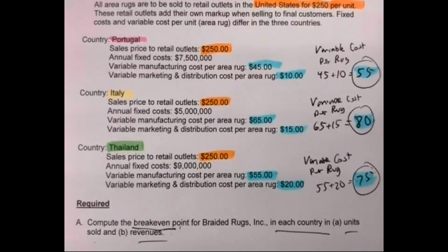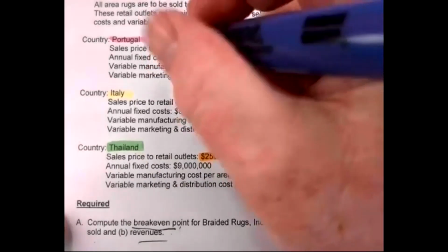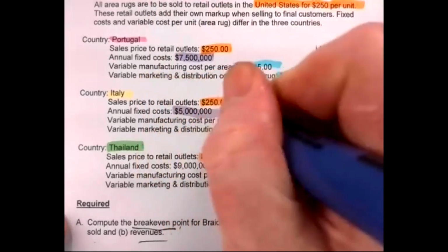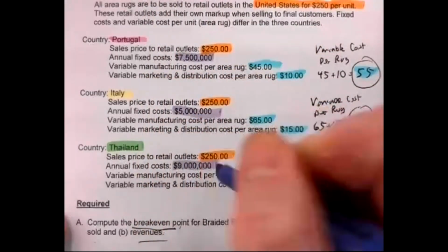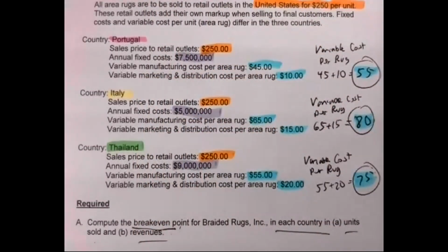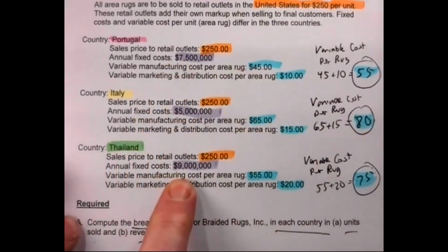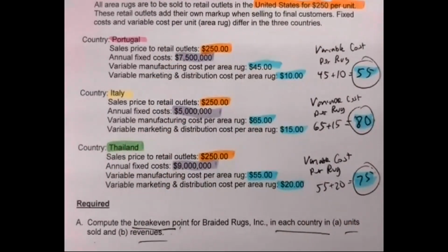We'll do the fixed cost. Okay, so you know these are all the same, but the fixed costs change and the variable costs change. So our break even is going to change. Okay, let's go back to any questions on this.